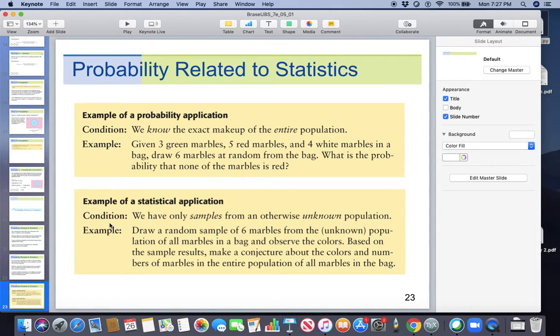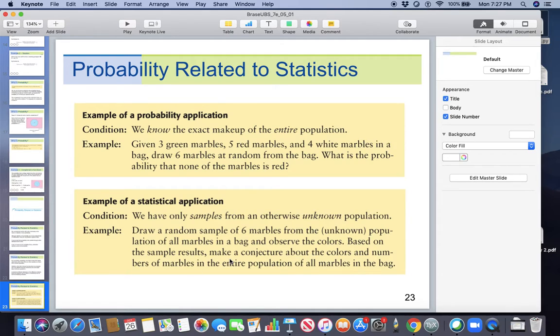So this is as opposed to statistics. Condition is we have only samples from an otherwise unknown population. Draw a random sample of 6 marbles from the unknown population of all marbles in a bag and observe the colors.